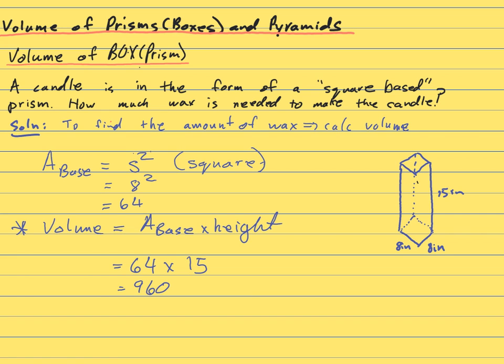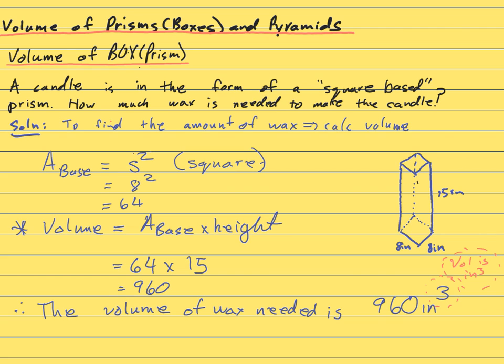Okay, so then you say at the end, therefore the volume of wax needed is 960 inches cubed. So try to remember that when volume is inches cubed, centimeters cubed, you got to remember that, and that's your answer.